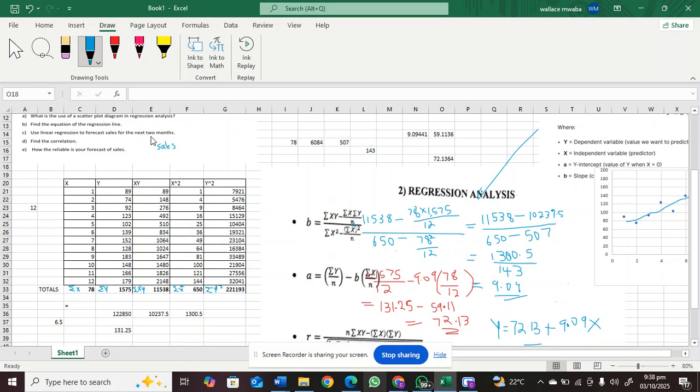Since it says for the next 2 months, and we ended on 12 months, that's the 13th month and the 14th month. So we're going to substitute 13 for X to find the sales for the 13th month, and 14 for X to find the sales for the 14th month.